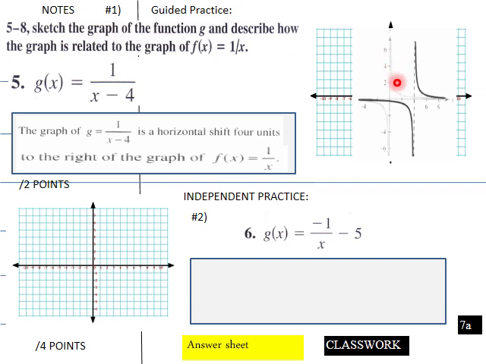Then here is f of x equals 1 over x. That's our parent. And then this is our child here. So it shifts to the right 4 units, and it basically does the same thing. It's decreasing on both sides, has basically the same symmetry as 1 over x.